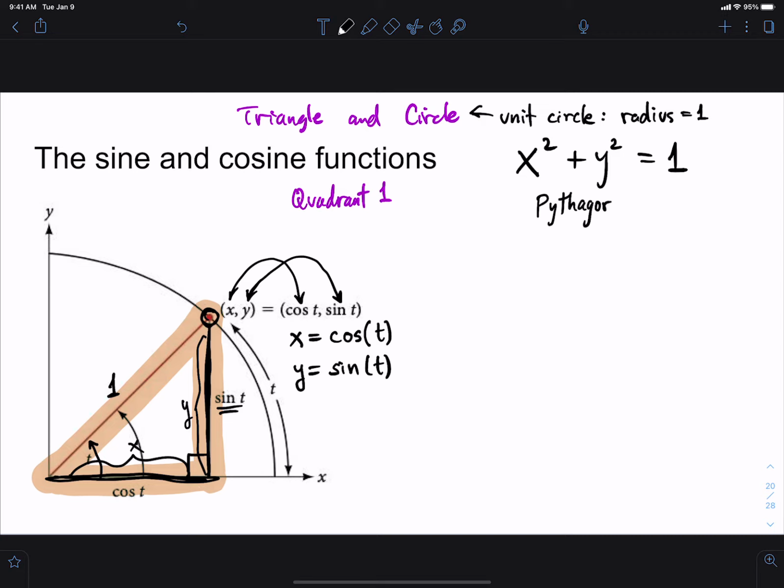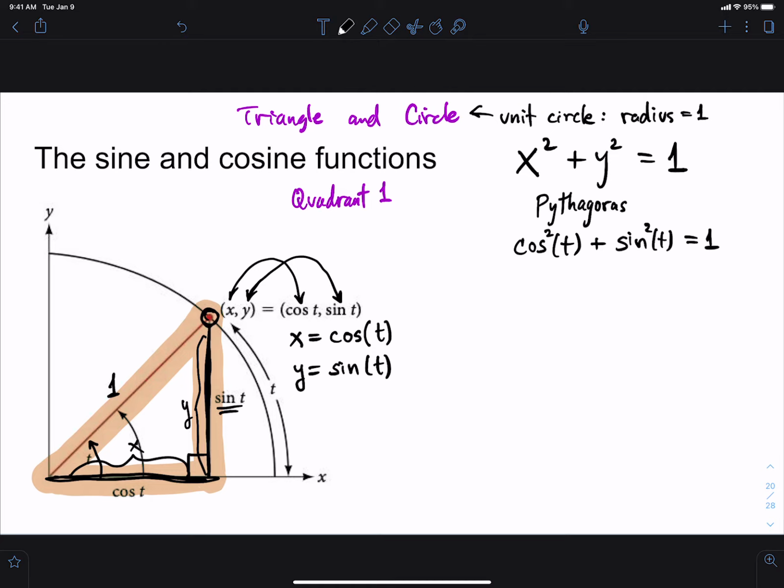It's sometimes called the Pythagorean Identity, because if you replace x by cosine, we put the square over here, and y squared is sine of t squared, that equals 1. That cosine squared plus sine squared equals 1 because we have that triangle. So it's both the equation of a circle and a triangle.